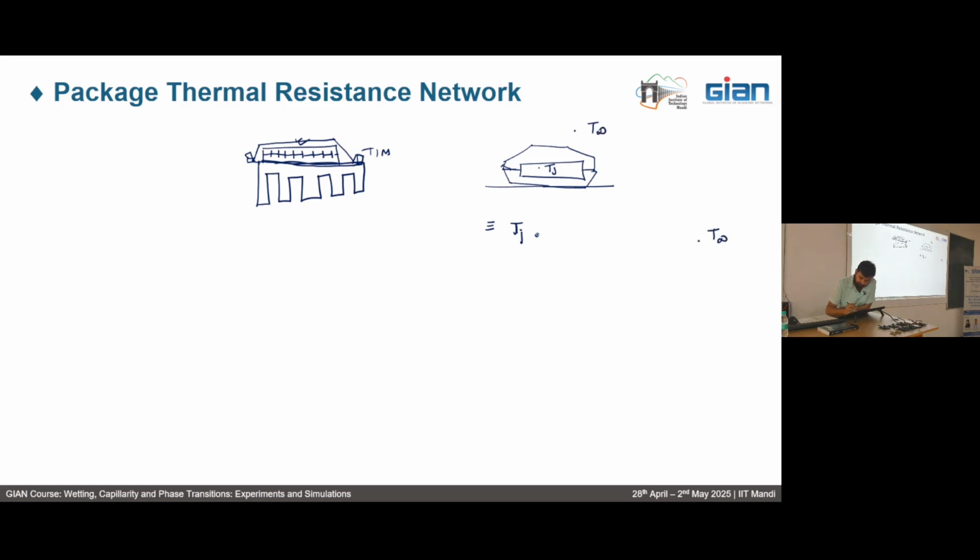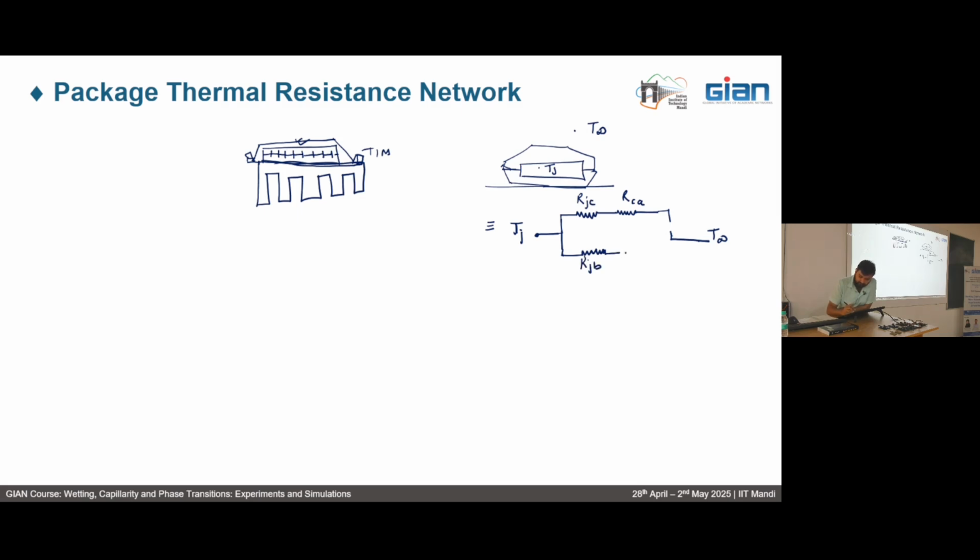So some portion of the heat will flow through the junction to your casing. We can write it as RJC, and then there will be a thermal resistance further between your casing and the air, RCA. Similarly, some portion of the heat will be transported through conduction to the board, so we can call it RJB.